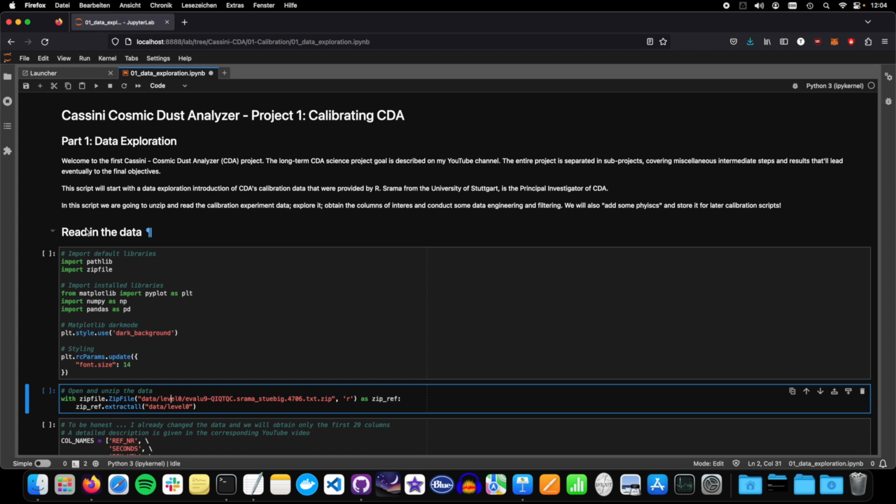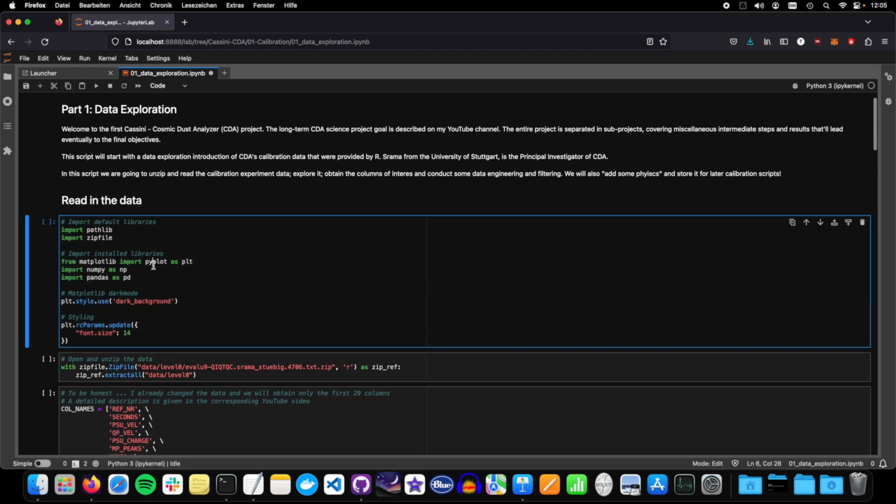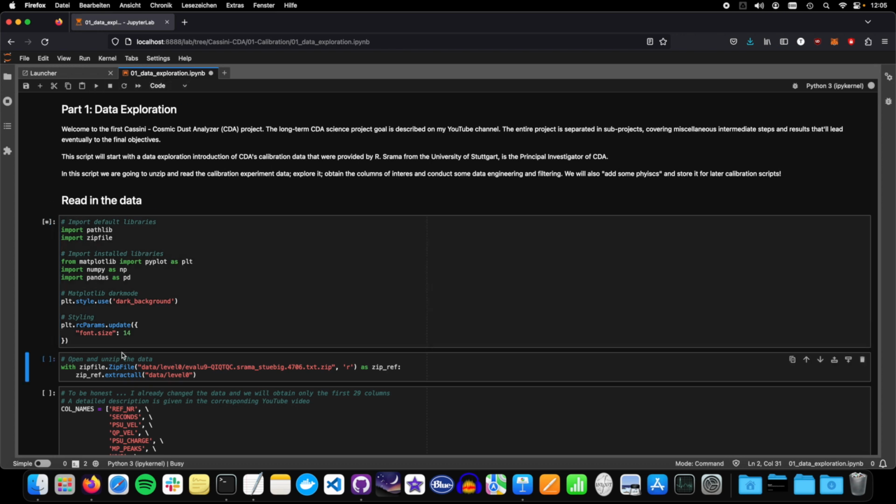Now let's start. Today we are taking a look at the data and do some data exploration. So I would say let's go and read in the data that we are interested in. First we need to, of course, import our standard stuff, the libraries and so on, also the zip file library, because the data that have been provided are provided in a zip file.